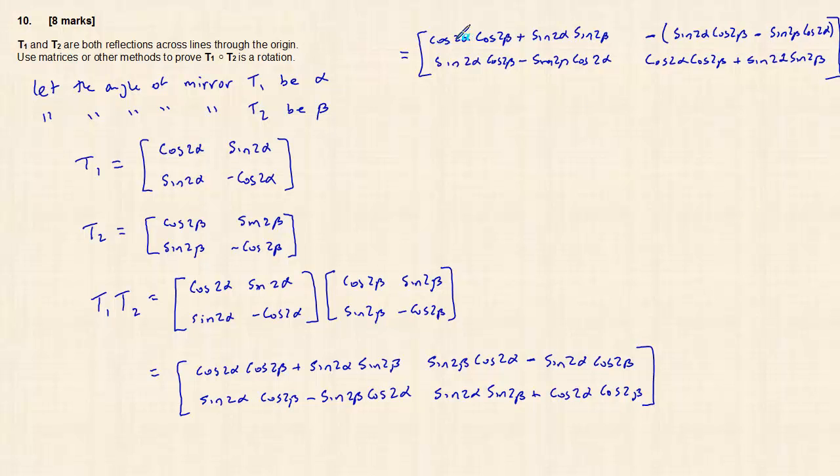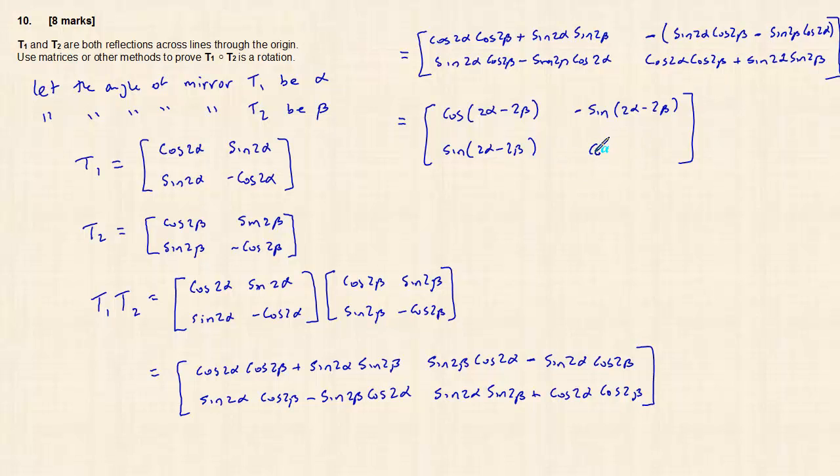Now, using trig identities, we should recognize that this one is the cosine of 2 alpha take away 2 beta. And that what's in the bracket here is the sine of 2 alpha take 2 beta. So there's a negative in front there. This one is the same as what's in the bracket here, so that's the sine of 2 alpha take 2 beta.